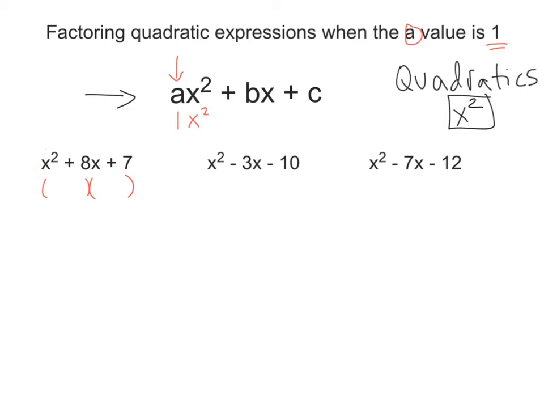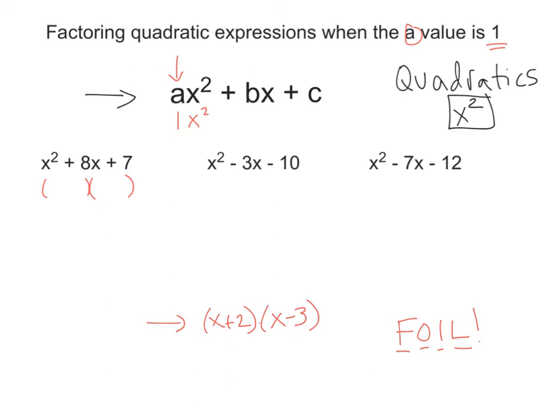Now, I'm going to back up just a step and remind you about something. What if I had x plus 2 times x minus 3? Do you remember how we multiply binomials? Well, you might be remembering in your head right now this term called FOIL. First, outside, inside, last.